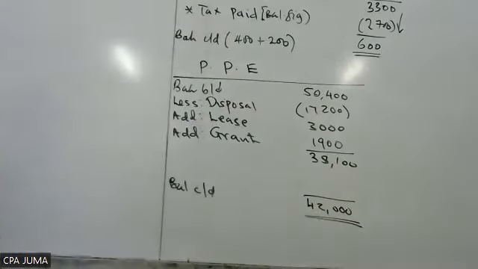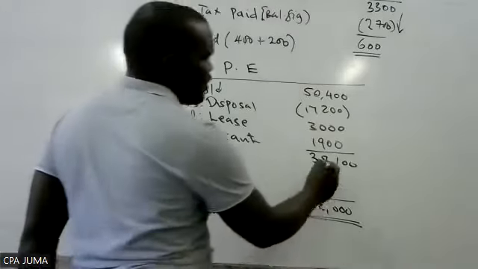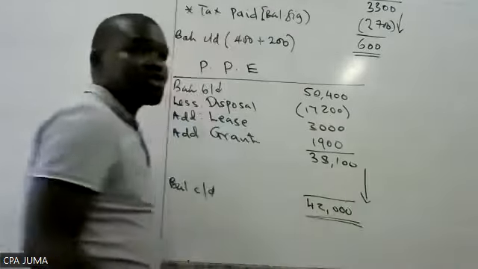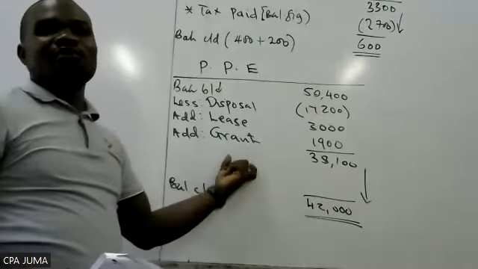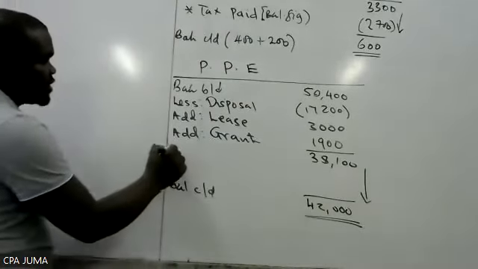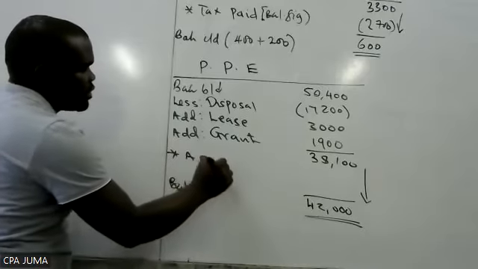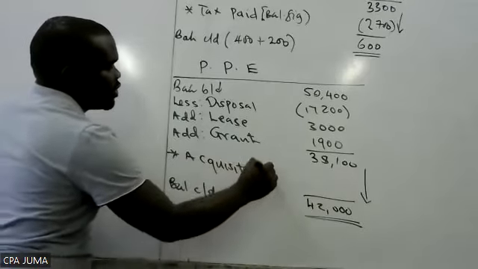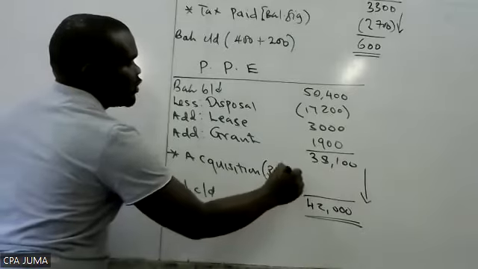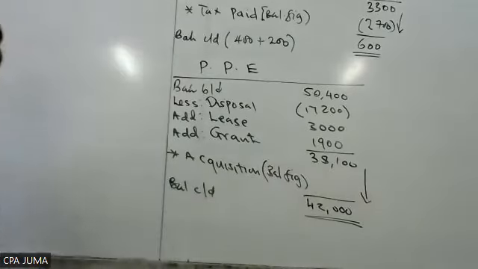So there is a decrease. A decrease or an increase? Increase. There is an increase from 38 to 42. Increase in the value of PPE simply means there was what? Yes, purchase, acquisition. That is what they don't want to tell you directly. They are taking you in circles.